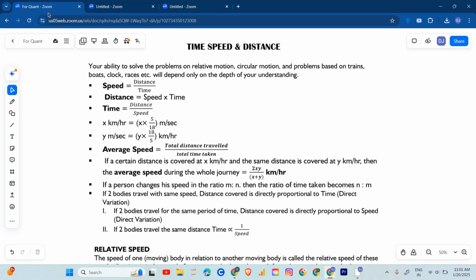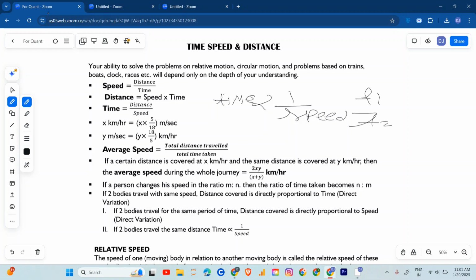So when we take the ratio, let's suppose the ratio of T1 divided by T2 is m by n, since speed is inversely proportional to time, the ratio of v1 divided by v2 will be n by m. So basic thing. Okay.